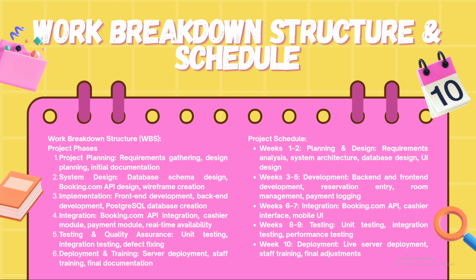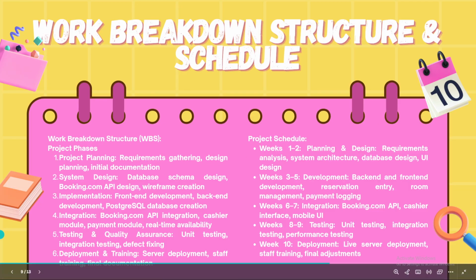Now, for the work breakdown structure and schedule, the project is going to be in 6 phases: project planning, which is gathering requirements, planning, and initial documentation; system design; the implementation; the integration; testing and quality assurance; and lastly the deployment and training. Now, for the project schedule, it's going to be from week 1 to 10.